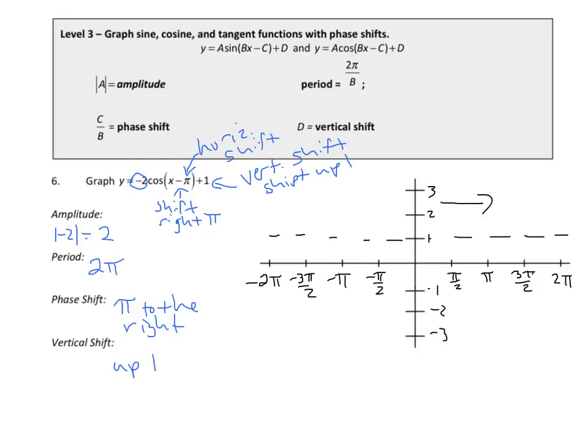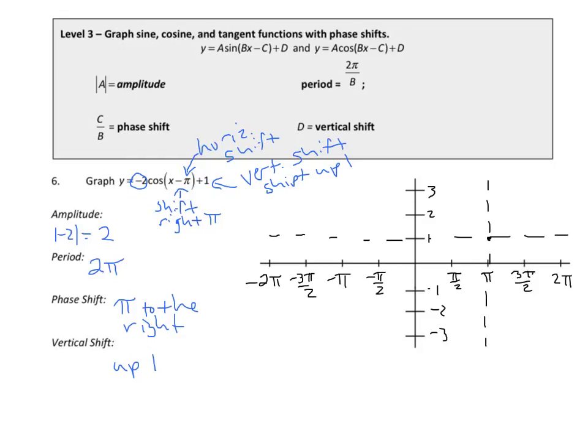You could, if you want, draw another dotted line as a guideline of where your y-axis is shifting to. So I'm going to draw a little dotted line here, and that's going to be my new starting place. Like this is almost my new origin. It's not really, but that's my new starting place for the graph.